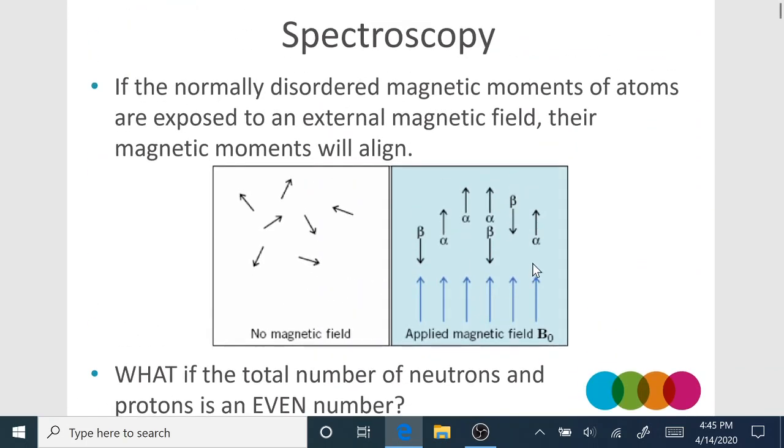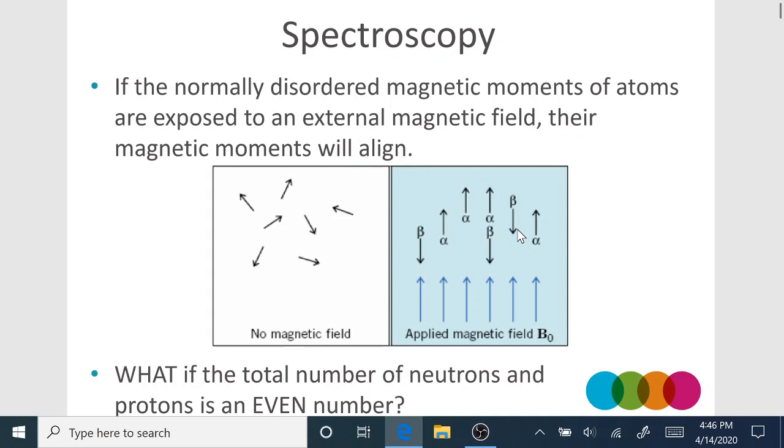The nuclei are actually going in all different directions, and if you apply an external magnetic field, some of the nuclei will align themselves with the field, that would be the alpha state, and some will align against the field, and that'll be the beta state. More are going to be aligned with the field than against the field, because against the field is higher energy. But that's what actually gives us our signal.